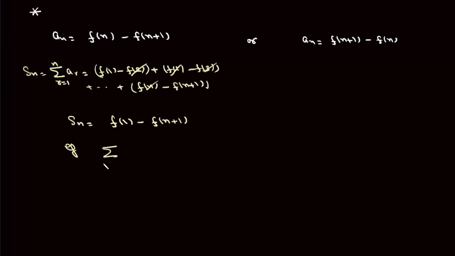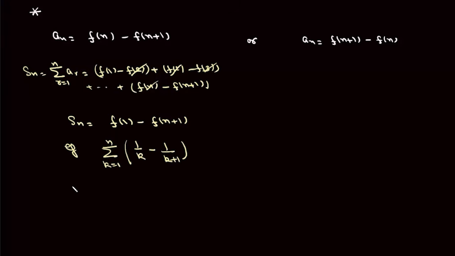Say for example, we have this summation, k varies from 1 to n, 1 upon k minus 1 upon k plus 1. So this is 1 upon 1 minus 1 upon 2, then 1 upon 2 minus 1 upon 3. So it is of the form fn minus fn plus 1.